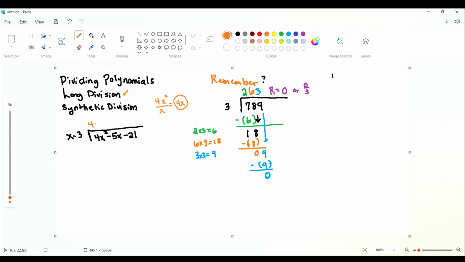When I divide 4x squared by x, the first of each, the result is 4x. I then put that at the top. Multiply 4x times x minus 3, or the quantity x minus 3. And the result is going to be 4x squared minus 12x.